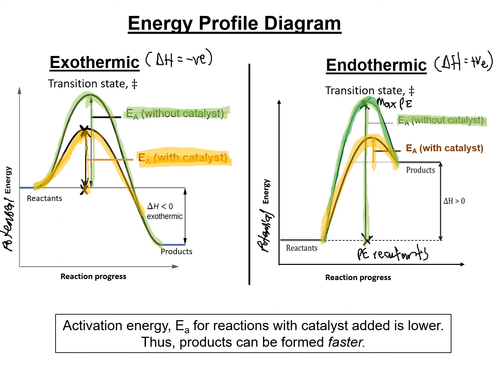This is the maximum potential energy for the activation energy with catalyst, and this is the... I'm sorry, my mistake. The activation energy is the energy difference between the maximum potential energy and the potential energy of the reactant, so it should be from here until the potential energy of the reactant.